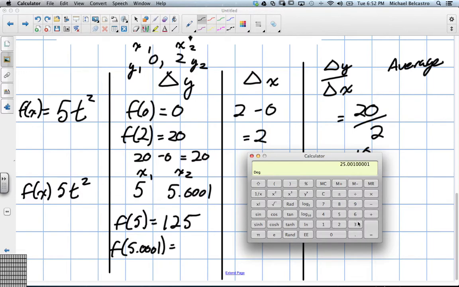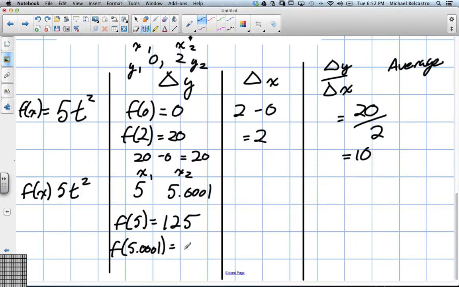Oh, I think I hit divided, that's why. Times 5. We'll just go to 0.005. Okay? So 125.005. Okay, that's good. So this is technically our y1. Okay, because this was our x1 value, this will be our y1 value, this will be our y2 value.